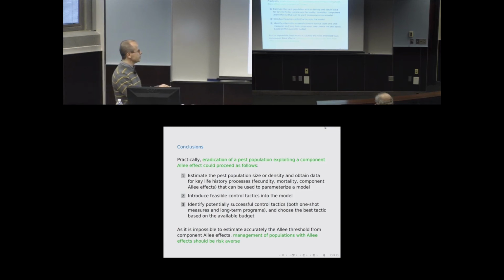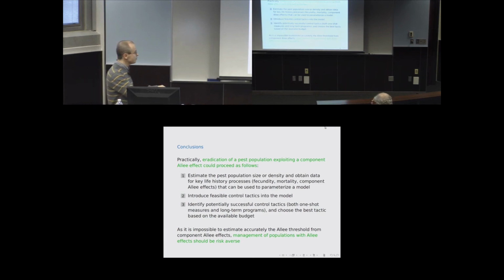So estimate everything we need to about the species, including the Allee effects, introduce feasible control tactics into the model, and identify potentially successful control tactics, either single one-shot measures or long-term programs, combinations of tactics or single tactics, and choose tactics based on the available budget. Of course, this is valid also for species that do not have the Allee effect.